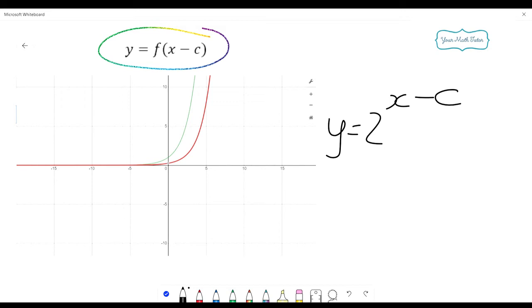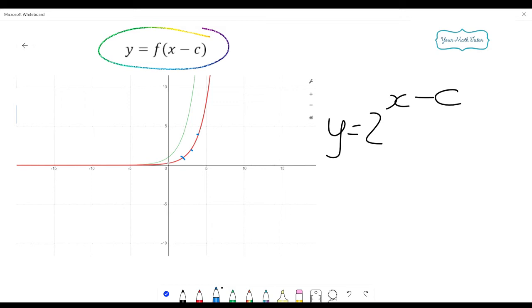Let us look at our key points. Y equals 1, which was at x equals 0, is now at x equals 2. Y equals 2, which was at x equals 1, is now at x equals 3. And y equals 4, which was at x equals 2, is now at x equals 4.